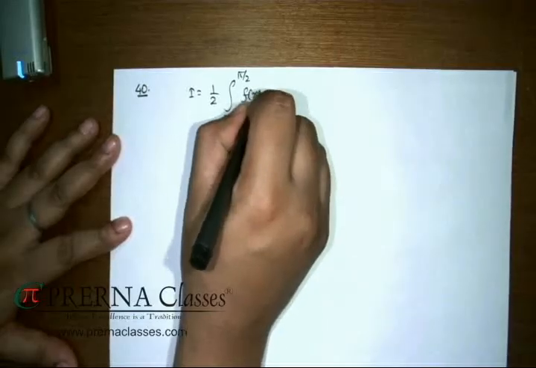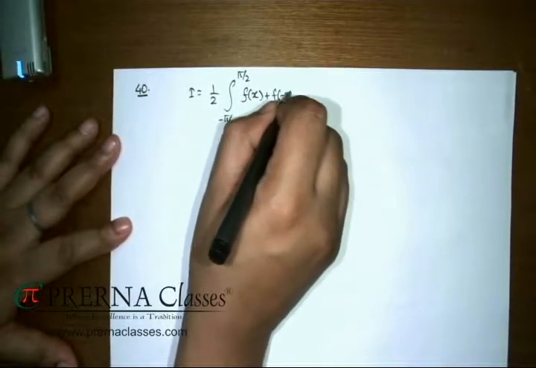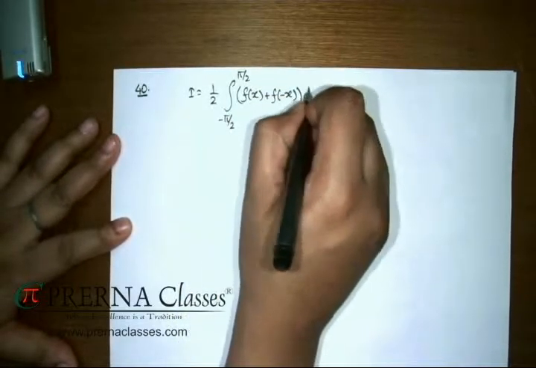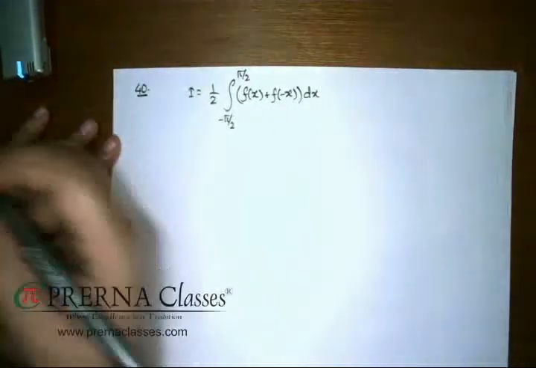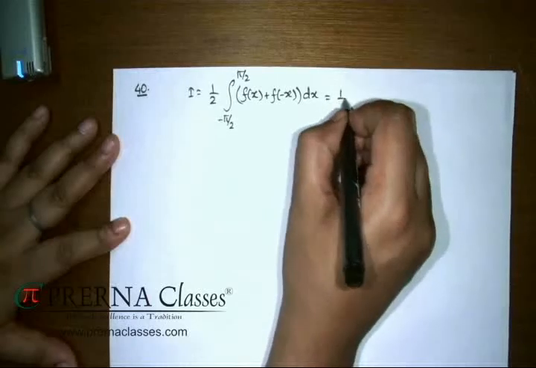Next problem is related to definite integral. This is one of the standard problems. I guess the majority of you have already dealt with this type of problem, where we relate it with this particular property.